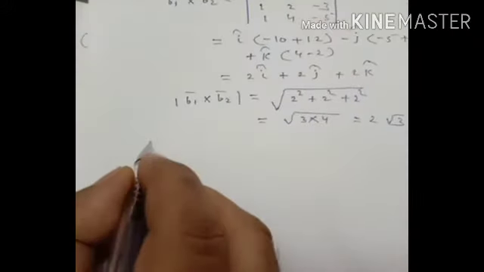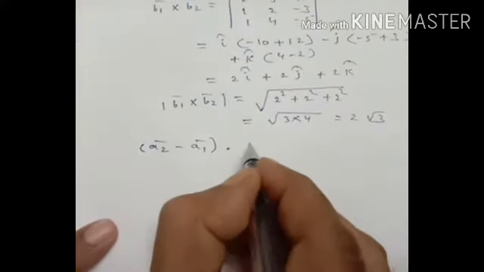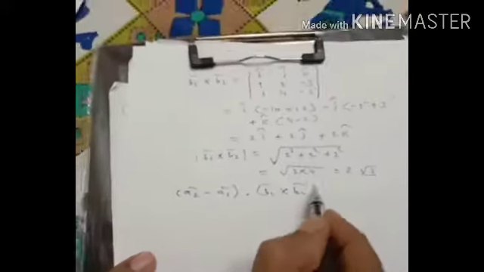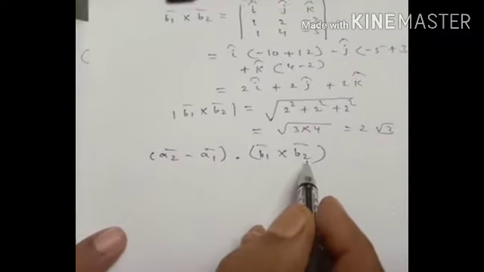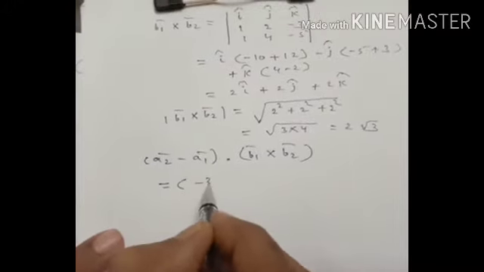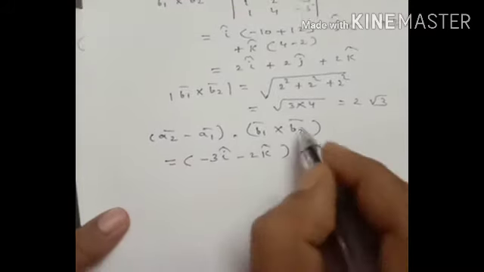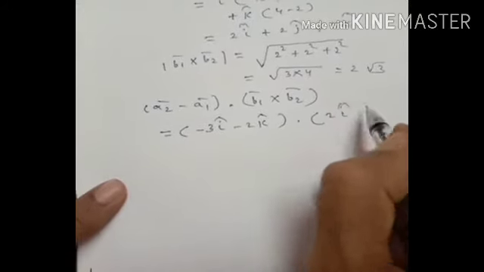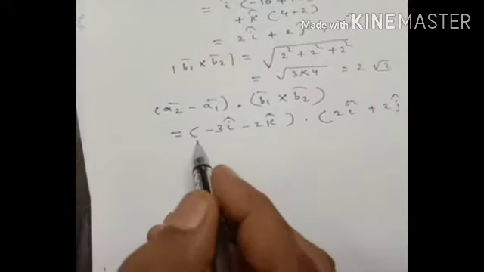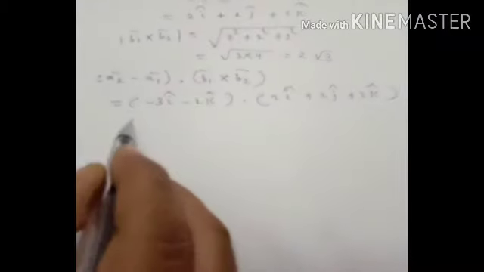After that, we have got a2 bar minus a1 bar. Similarly, we have found the cross product b1 bar cross b2 bar. b1 bar cross b2 bar is a vector quantity, and a2 bar minus a1 bar is also a vector quantity. Now the two vectors are expressed in terms of unit vectors i, j, k, and we have to find their dot product.